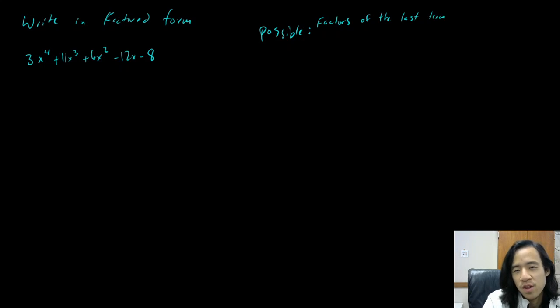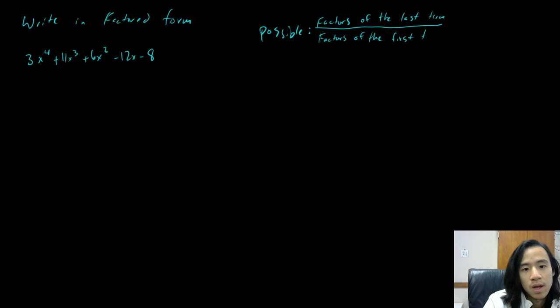Really, it's the coefficient of the last term, divided by the factors of the coefficient of the first term. You need to have this down somewhere, or in your head if you're crazy good at remembering things. But I would suggest you write it down.